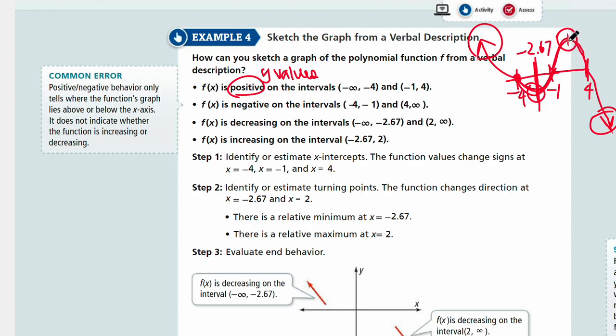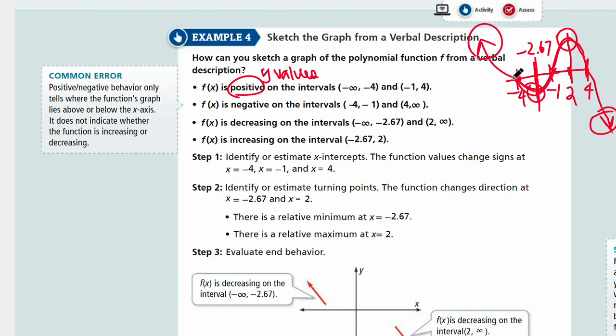So this is another turning point, at exactly 2. So we know where the turning points are. When x is equal to negative 2.67 and when x is equal to exactly 2, that's your turning point, and then the graph shifts.